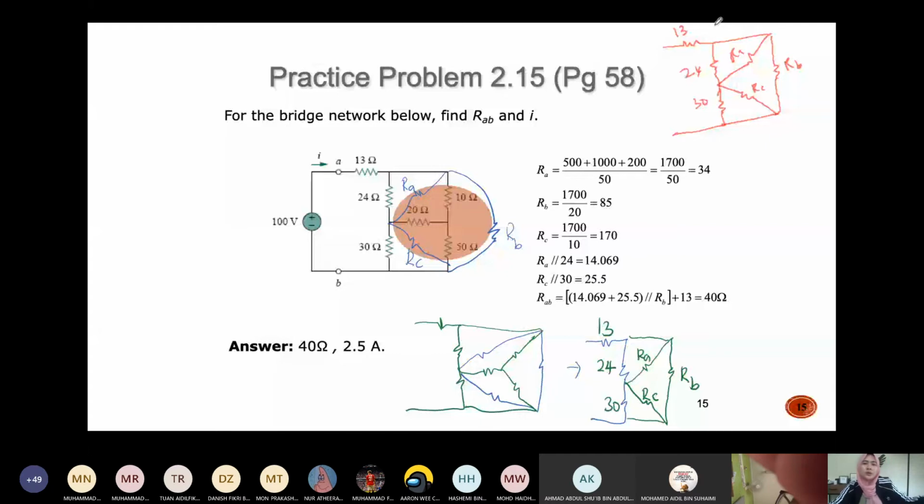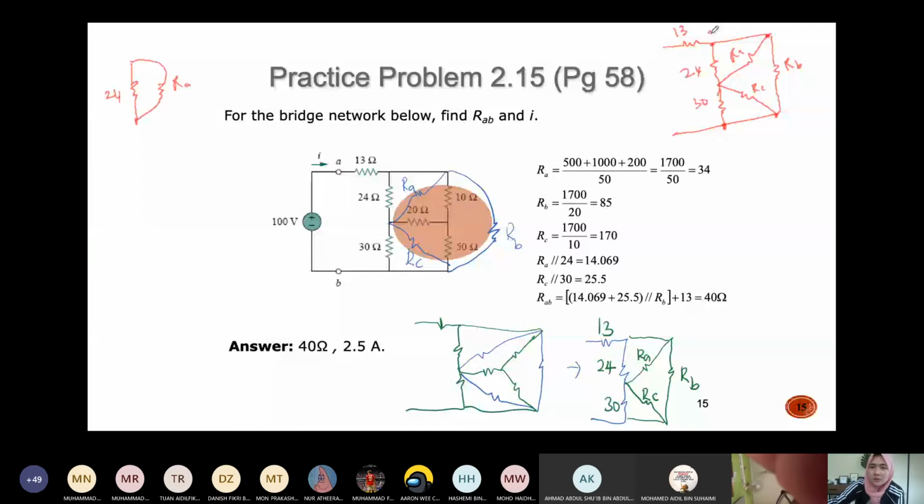So now you want to find R equivalent. If you look at here, okay, if you get confused with this circuit, you can actually redraw. Okay, this part over here is actually the same node. This is the same node, and also for this one, this is the same node. If you redraw this, it is actually something like this. It is actually 24, RA, correct?